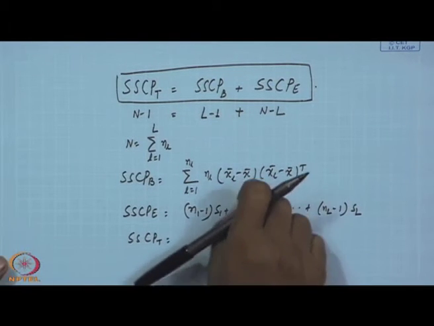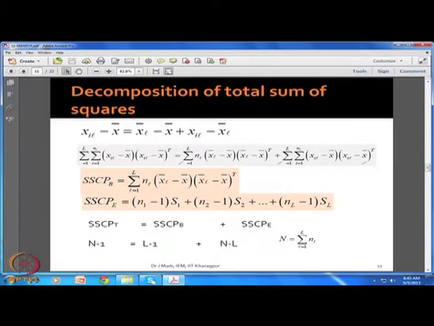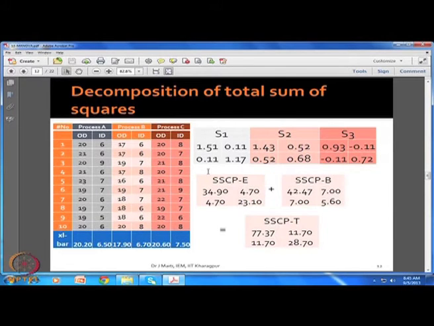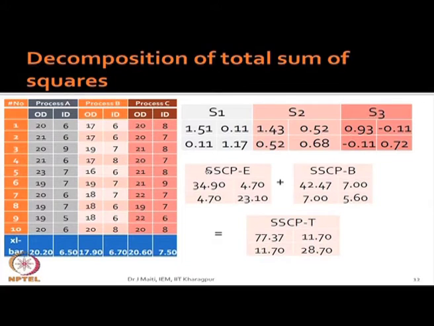Okay. Now let us see one problem that we discussed in the last class. There are three processes A, B and C, and we sampled 10 observations from each process on two variables, outer diameter and inner diameter.